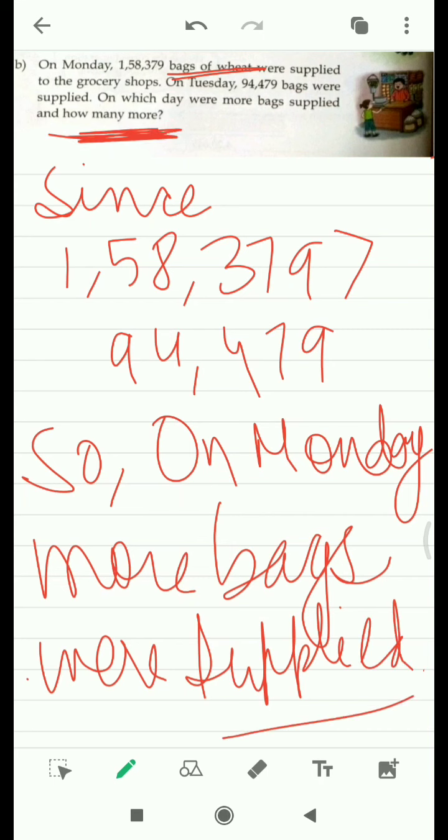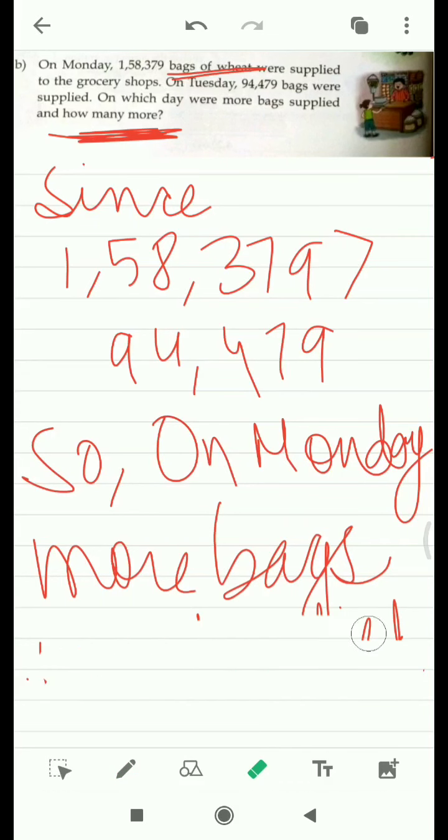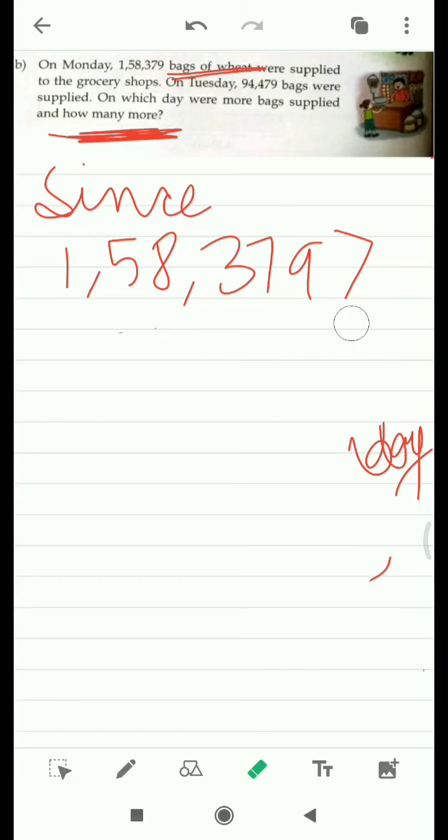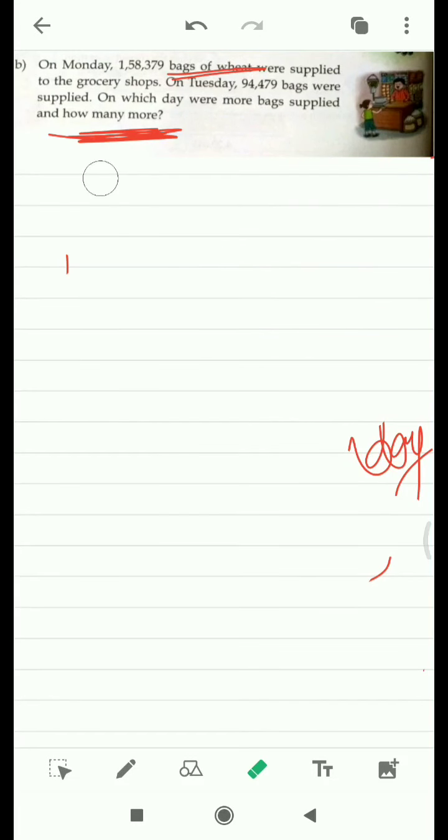How many more bags were there? In order to find this, we need to subtract. To find how much more it was, we have to take it out, only then can we see how much more it was.